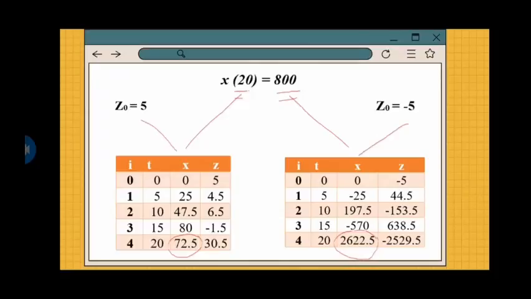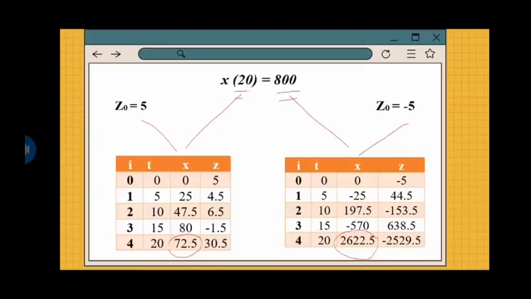Again, we solve our problem by using Euler for system, and I present my answer in this table. And when t is equal to 20, this is my x, where my x is over our condition.